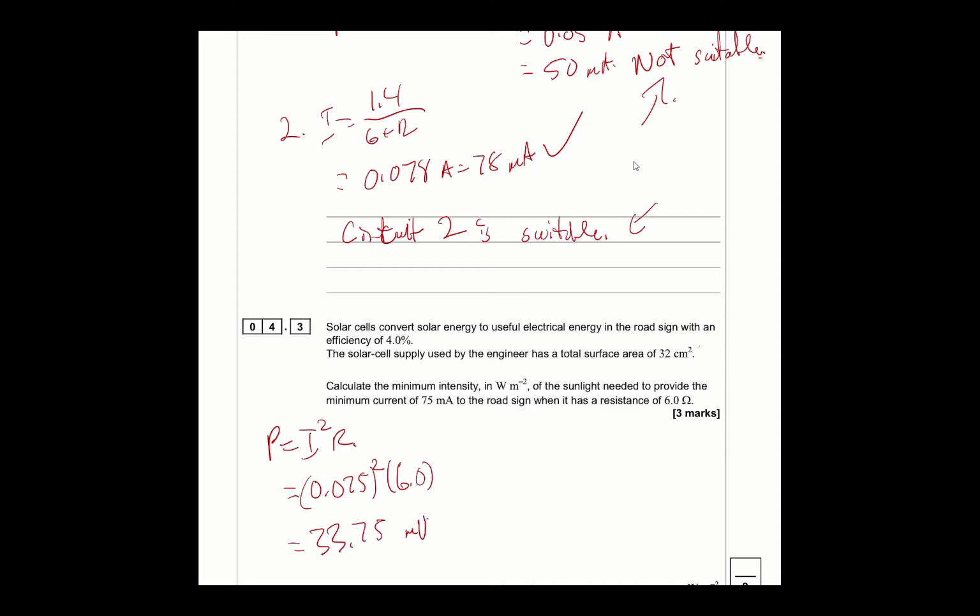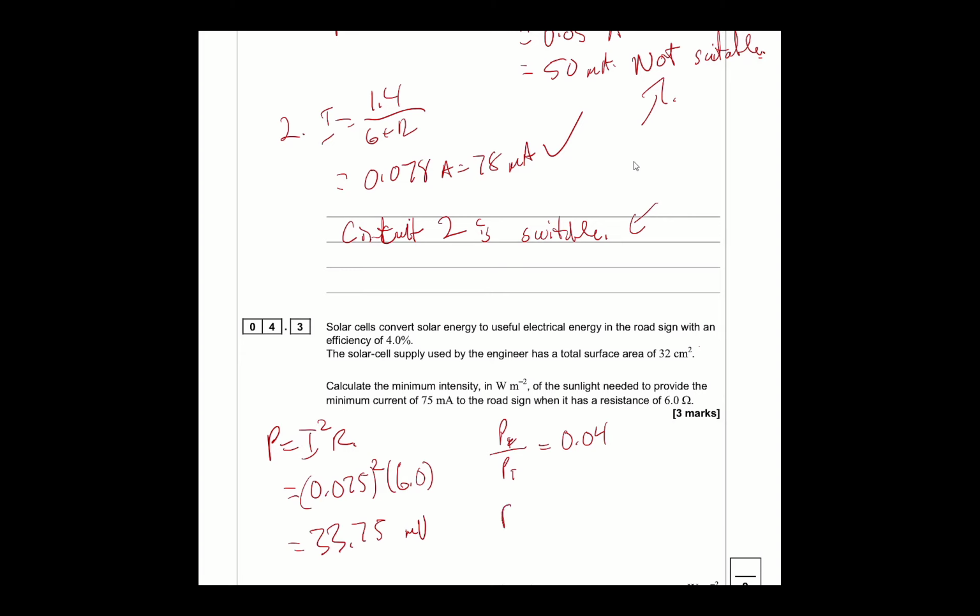The total power that we need then, because it's converting at an efficiency of 4%: P divided by PT is equal to 0.04.